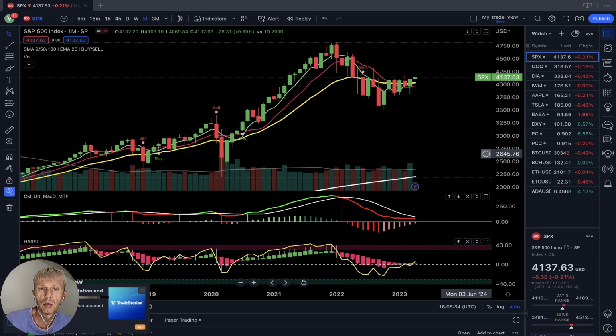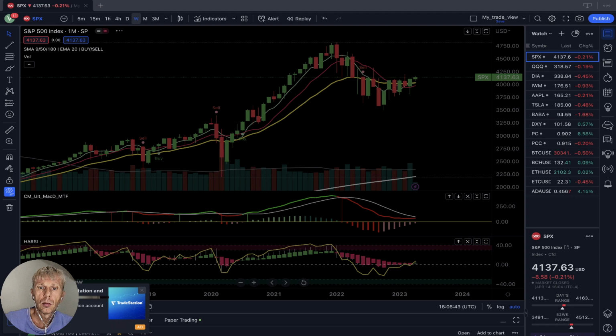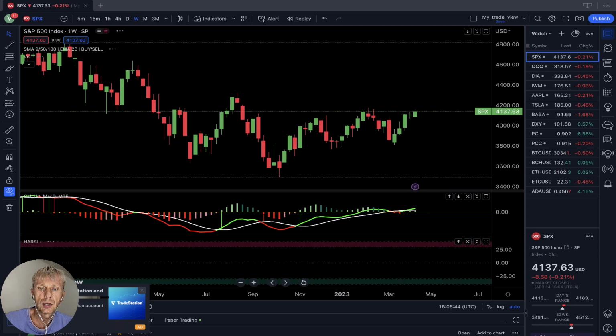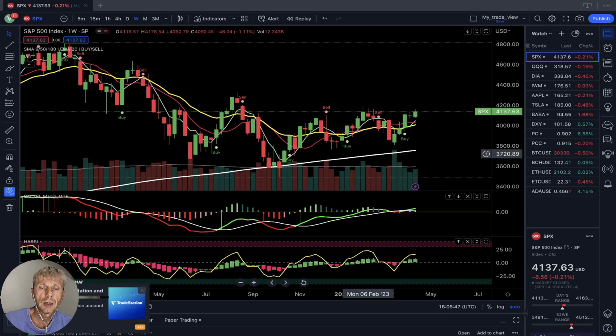Let me briefly mention my setup. I'm using a buy and sell script and moving averages. Let me show you weekly. The white line is SMA 200, the red line is SMA 10, the green line is SMA 5, and EMA 20 is yellow. Also the buy and sell script, volume, and the MACD indicator: green line is bullish, red line is bearish, and the white line is the signal line.